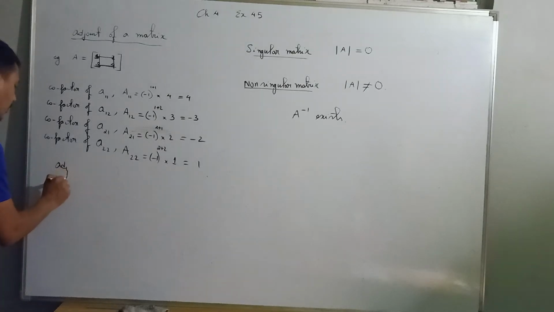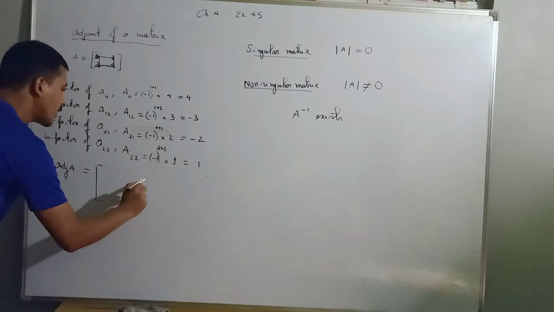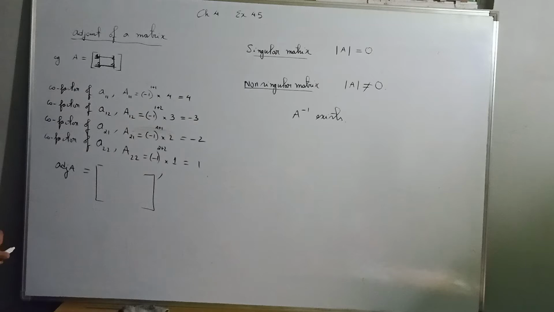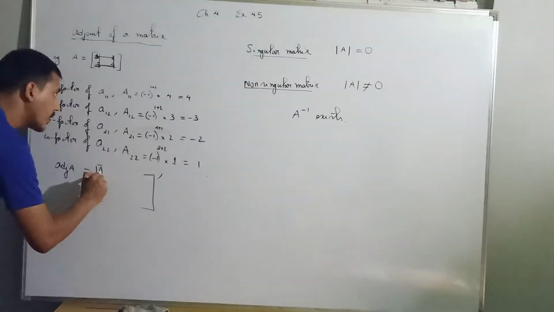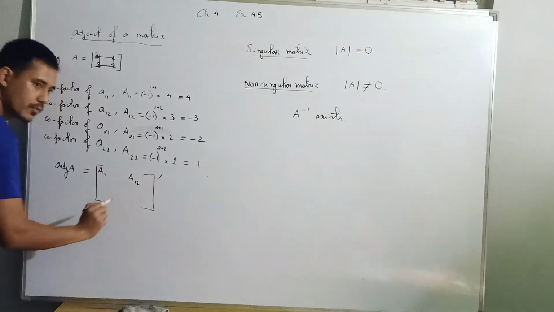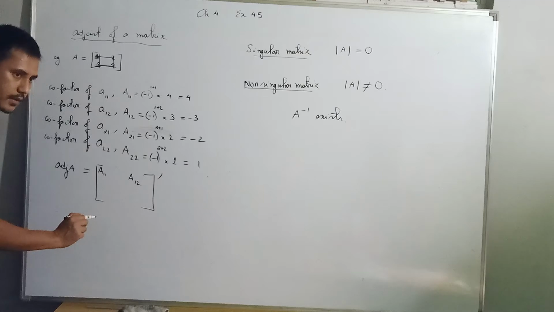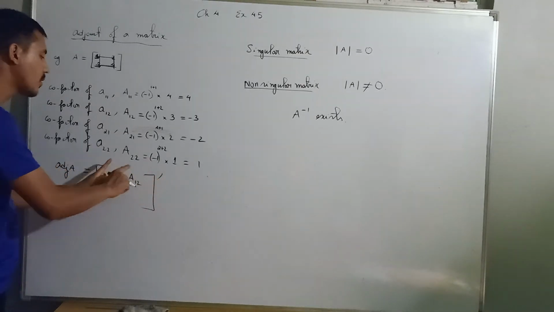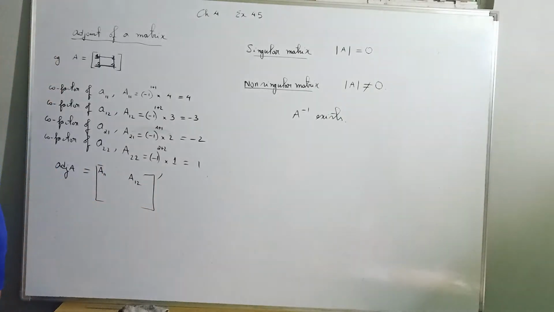So adjoint of your matrix A will be given by the transpose of the cofactor of the elements of this matrix. Adjoint of A means transpose of what?